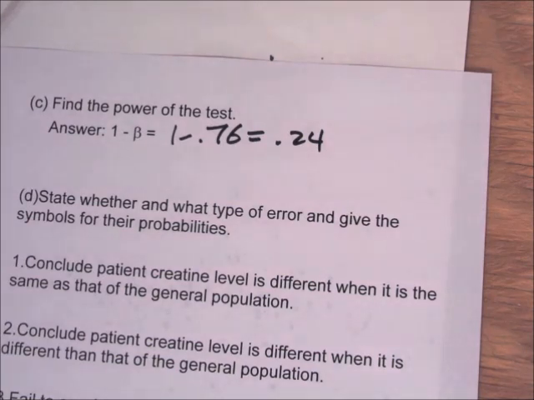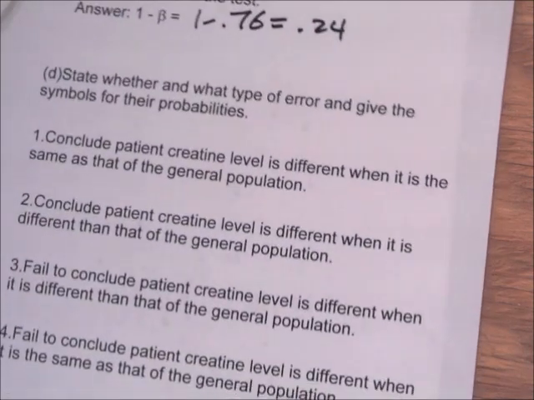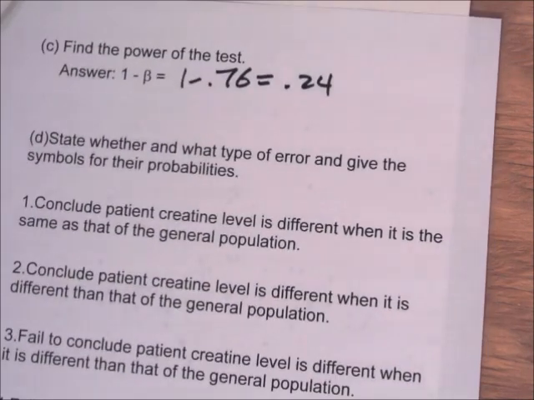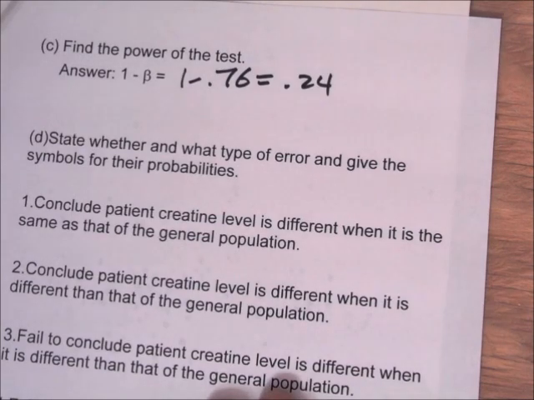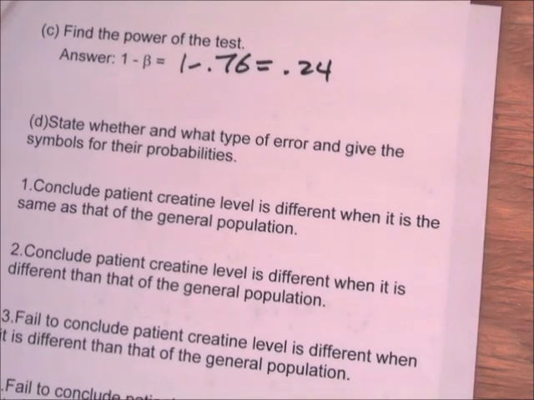Okay, so that's not a particularly powerful test. If mu is actually equal to 1.1, there's only a 24% chance of making the correct conclusion to the test.